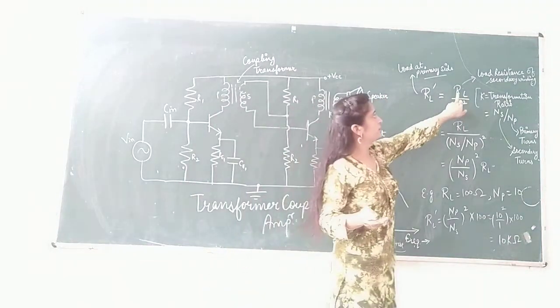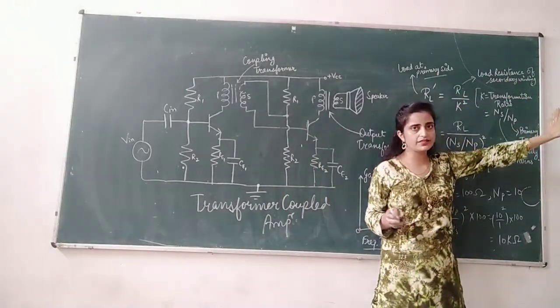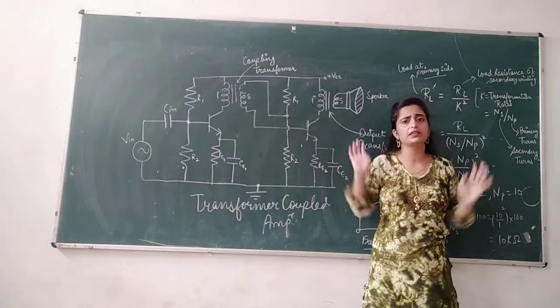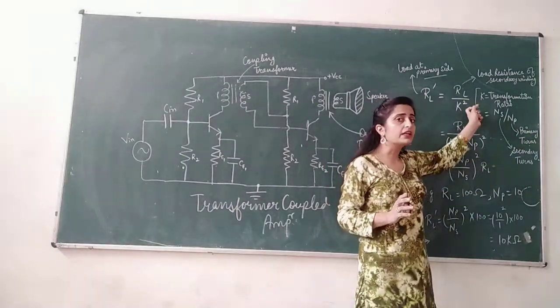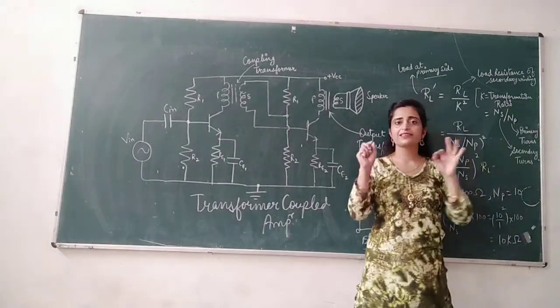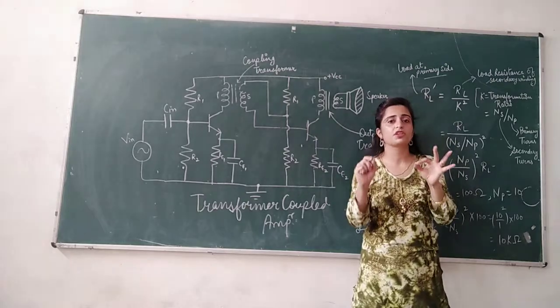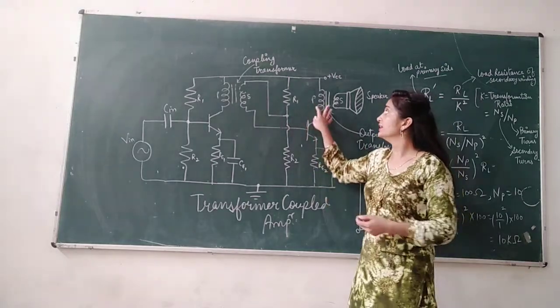So this RL is basically the load resistance of the secondary side. That may be a speaker, that may be anything you have connected over here, and K square is basically called the transformation ratio.